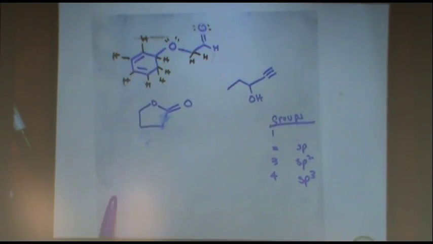That's fun. Which one? You asked, so you pick. This one? Okay. I'm going to give you about 10 seconds to count all the sigma and pi bonds here. I recommend starting with pi.